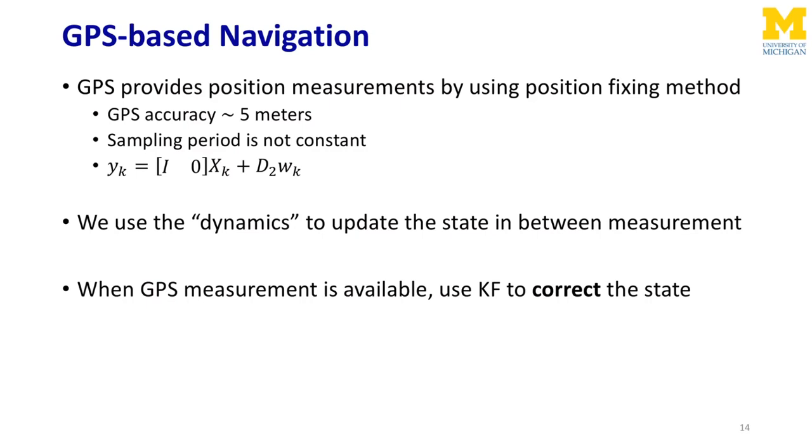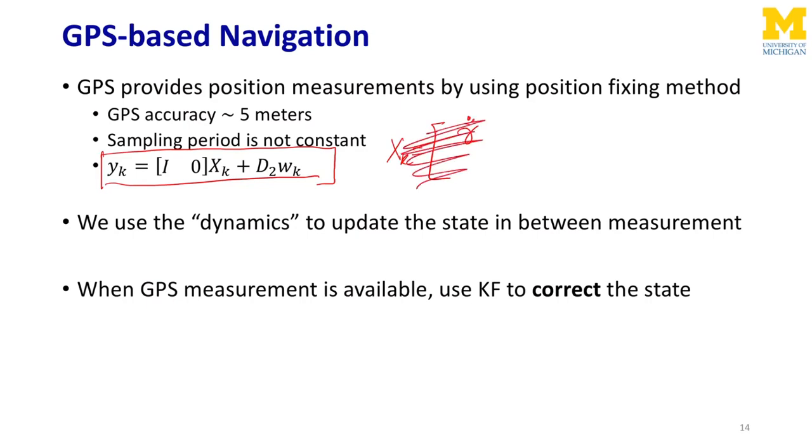The sampling period is not constant. I don't know exactly how GPS works, but I know that GPS doesn't update at constant time steps. It is affected by a lot of factors. Anyways, the way we model these measurements is by this equation. So y_k is now going to be the position component of the state.